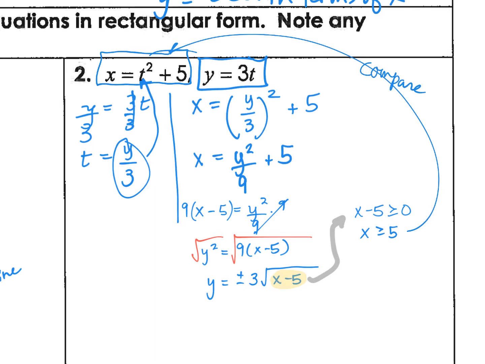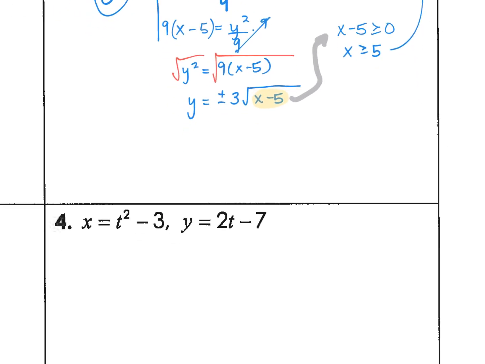Nope, there isn't, is there? Because this is 5 right here. And every value of t that you square is going to become positive. No matter how small it is, it's still going to add to 5, isn't it? So overall, do we have any domain restrictions on t? So no restrictions on t. Okay?